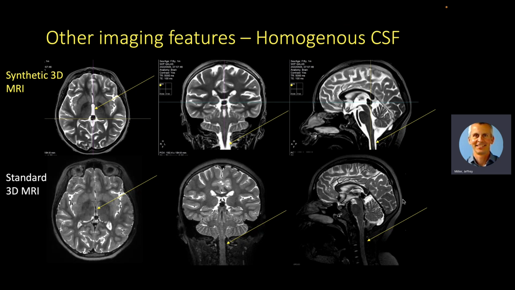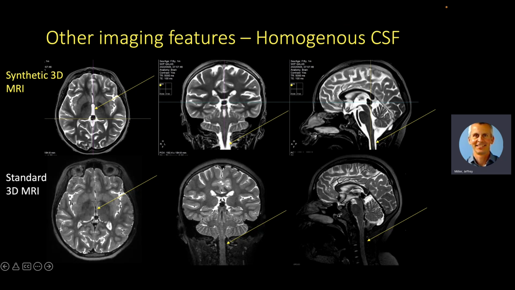One interesting thing we have recently noticed is that in comparing our standard 3D volumetric imaging sequences to the synthetic 3D, the pulsation or loss of bright CSF signal that we occasionally encounter in our standard sequences is not also seen on the synthetic images.